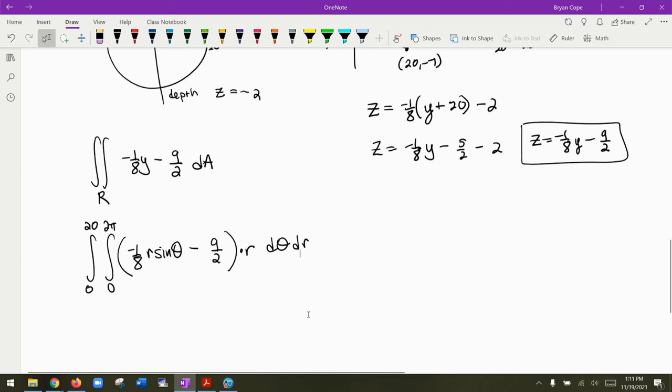All right, integrating with respect to theta first.